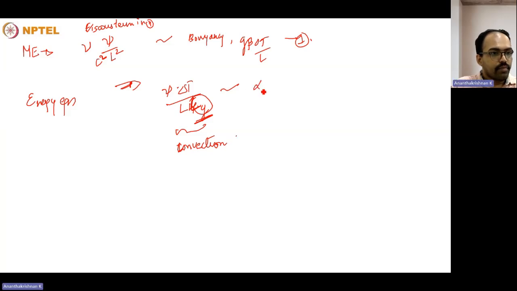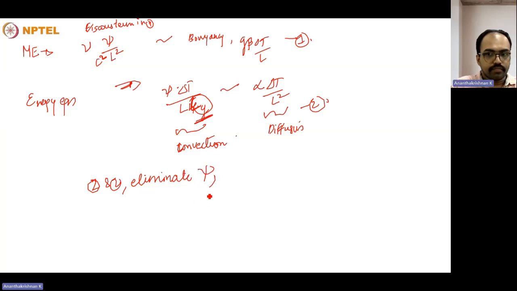And the right hand side will be α δT divided by L squared, a diffusion term. So comparing 1 and 2, we can eliminate ψ.